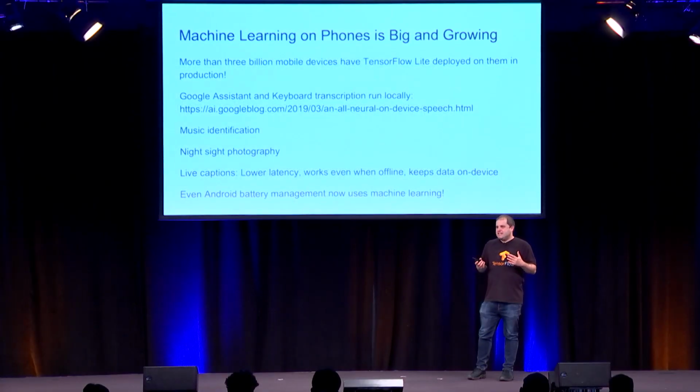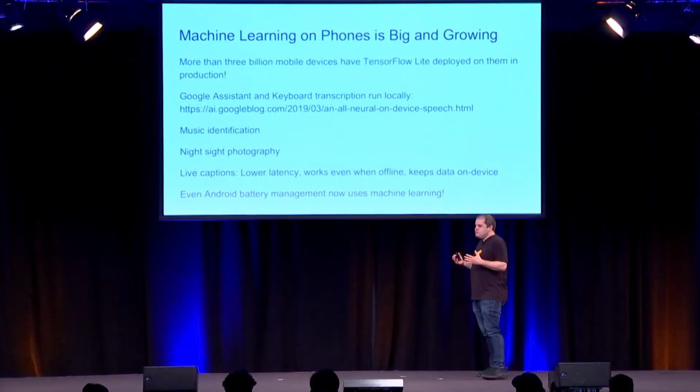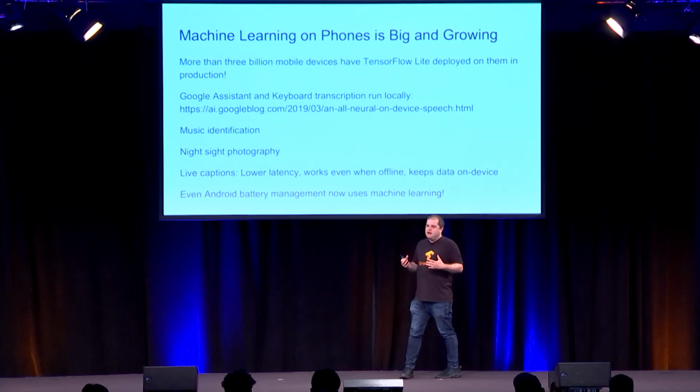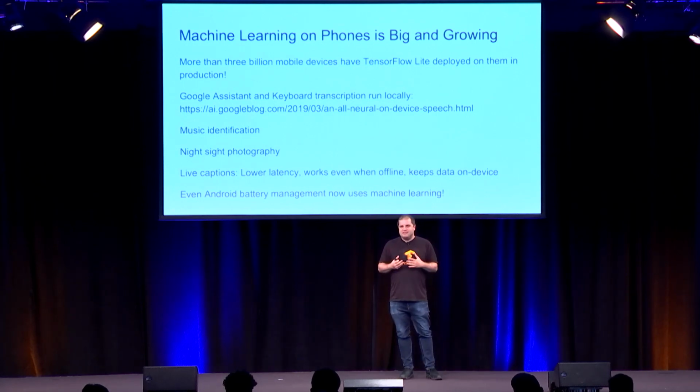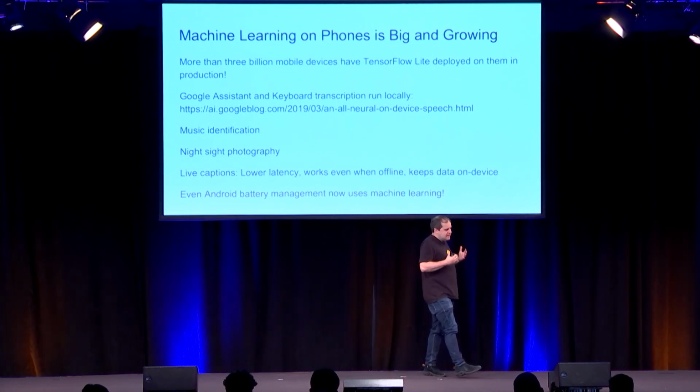It's used for things like the camera, so Night Sight photography, as well as all sorts of other camera modes, actually rely on deep learning to implement their features.